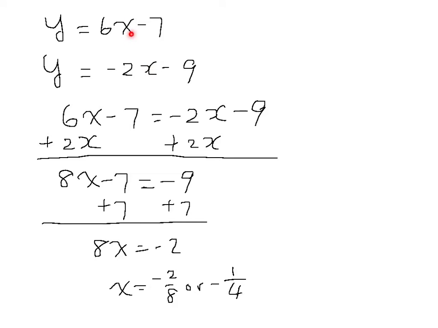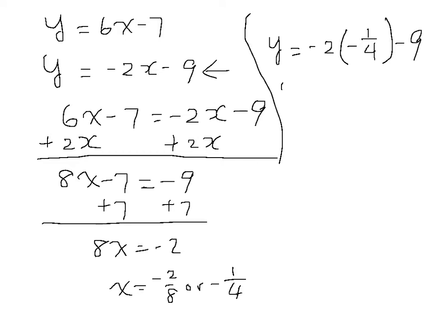Therefore, this x and this x is negative 1/4. So we can substitute that using either way. I would use this one. So we have y equals negative 2x, now we know x is negative 1/4, minus 9. So here we have y equals negative times negative right here.